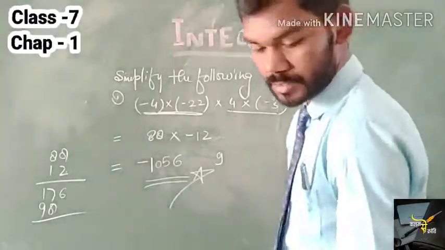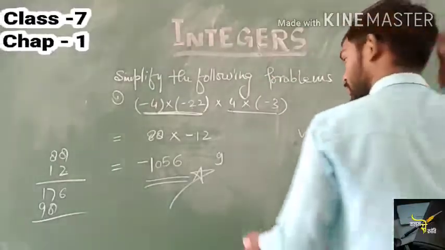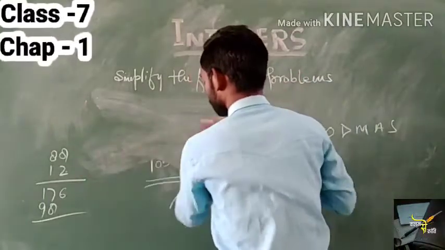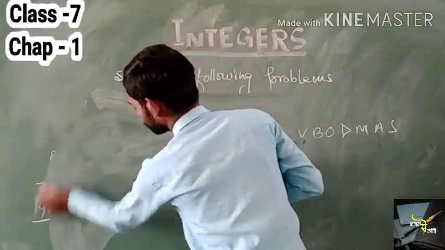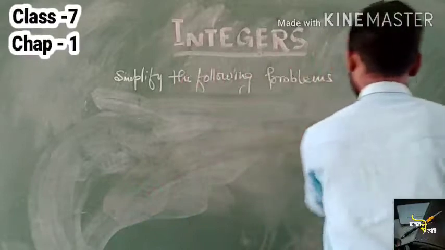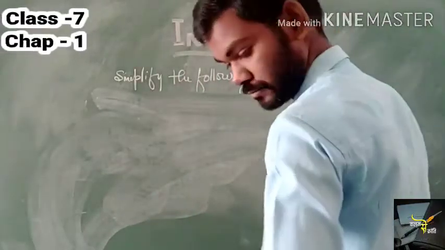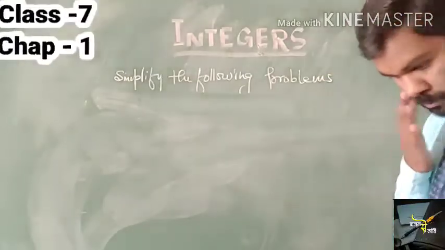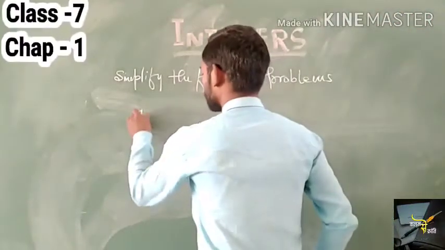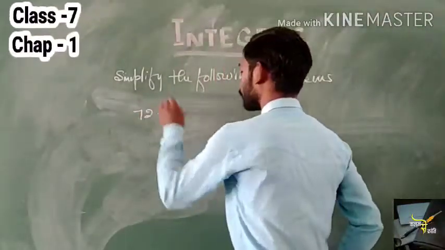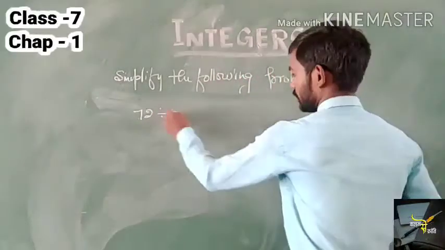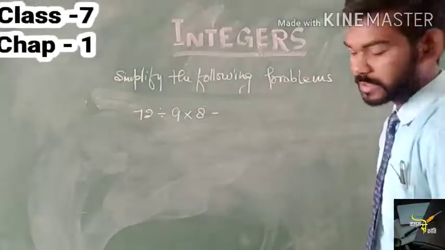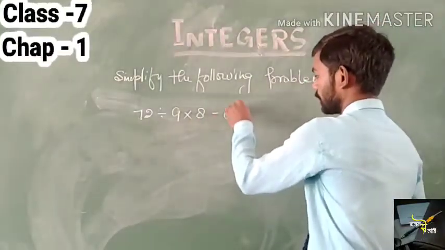Okay, so now let us see the next question. The next question is 72 divided by 9 multiplied by 8 minus 64.